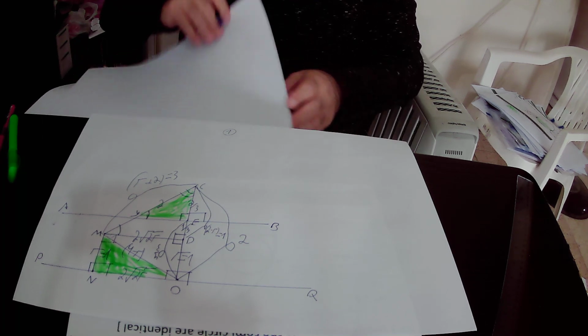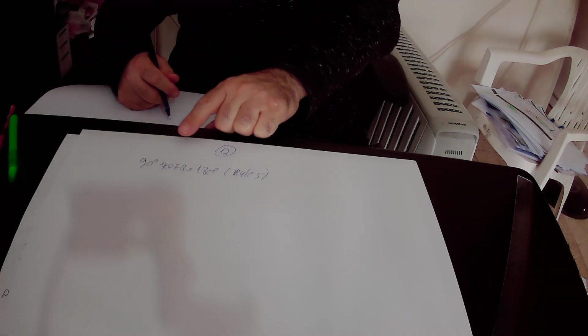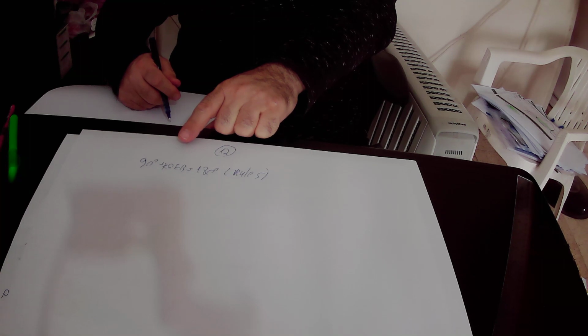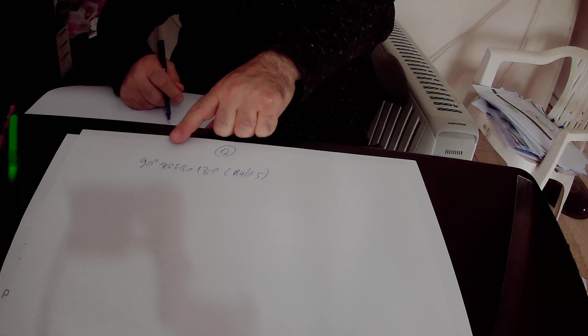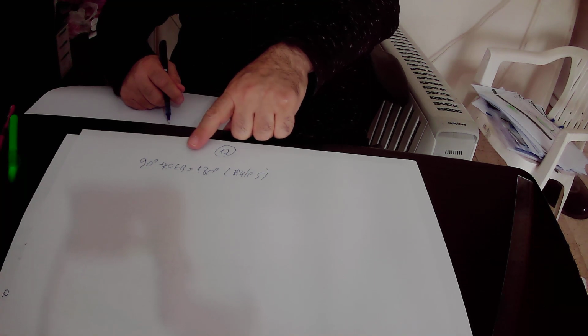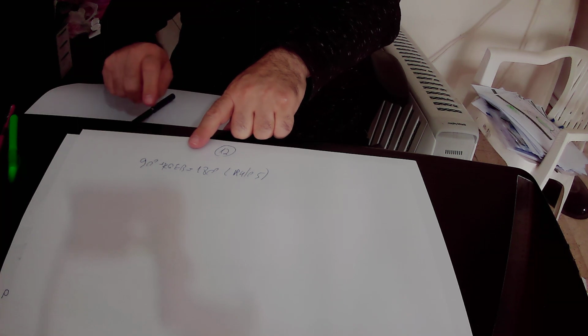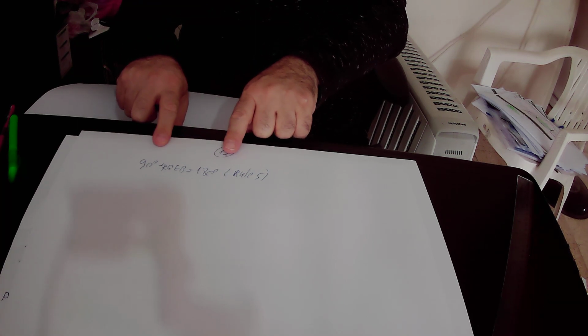Okay, so according to rule number 5, at point E we have one angle that is a right angle and the other angle is angle OEB, and the sum of those two angles must be equal to 180 degrees.